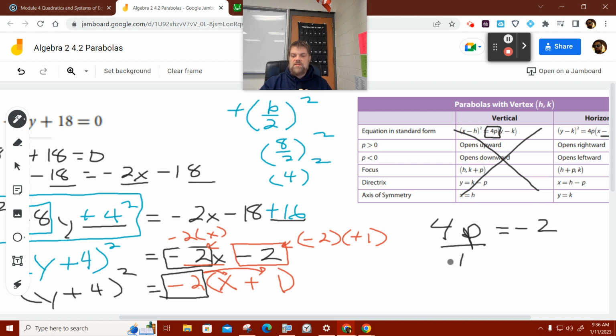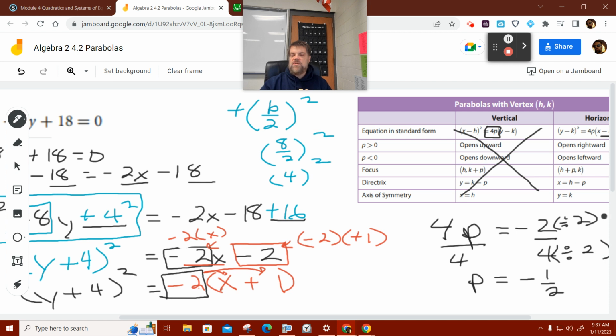Solve for p, divide by 4 on both sides, and I get p is equal to negative 2 over 4. What does that reduce down to? Negative 1/2, right? And in your mind, you got to think, I'm going to divide the top by 2, and then I'm going to divide the bottom by 2.